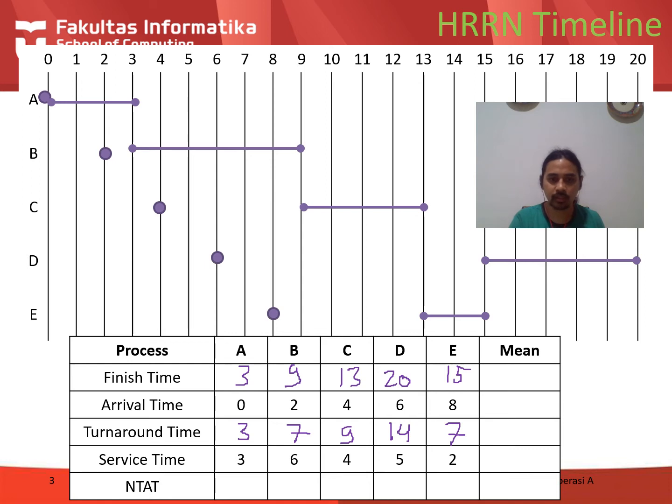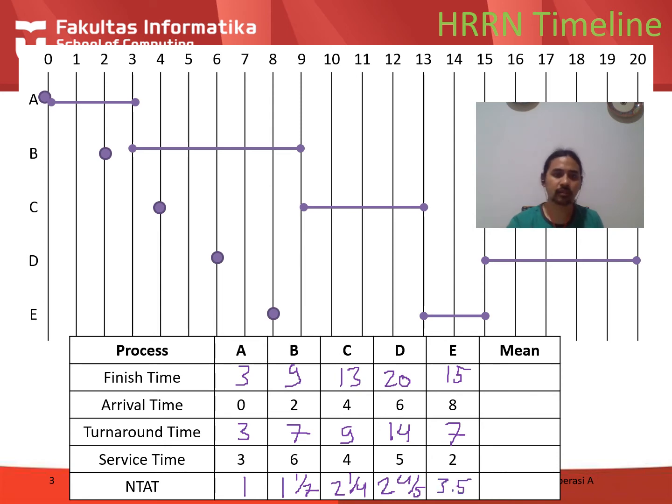And the NTAT, A is 1, and B is 1 over 7, and C is 2 and 1 quarter, and D is also 2 and 4 over 5, and E is now 3.5.